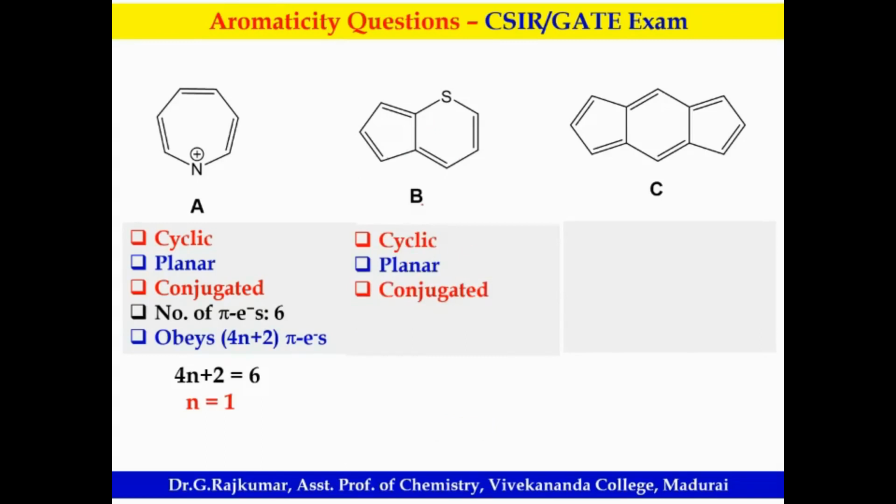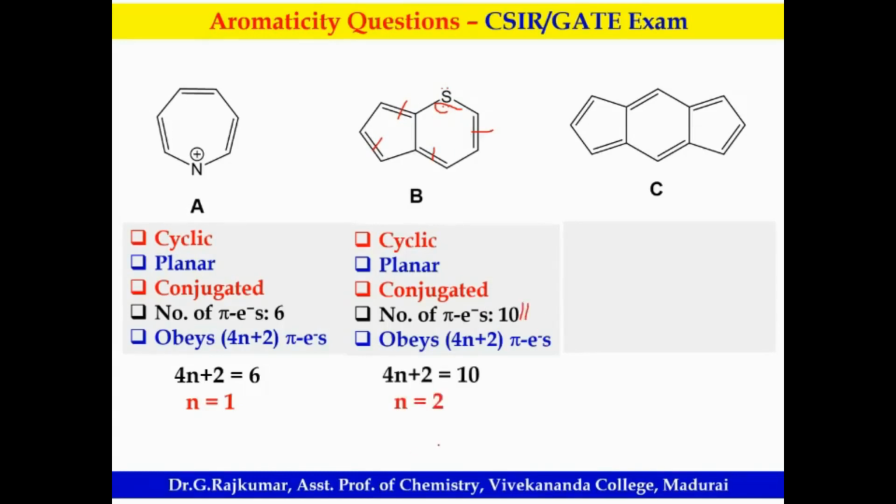How many pi electrons are involved in delocalization in structure B? 10. Yes, so the lone pair on the sulfur atom contributes. 2, 4, 6, 8, and these two electrons, one lone pair. So the number of pi electrons involved in delocalization is 10.